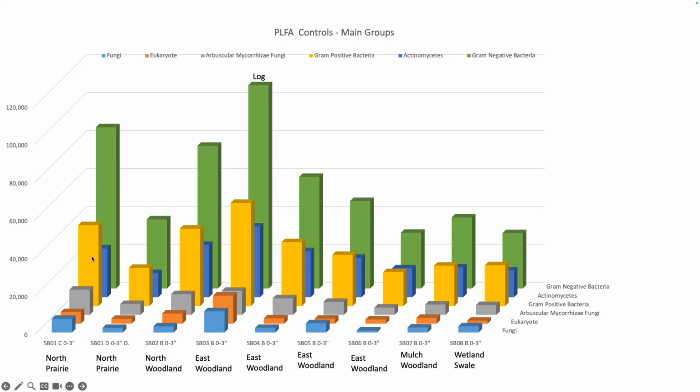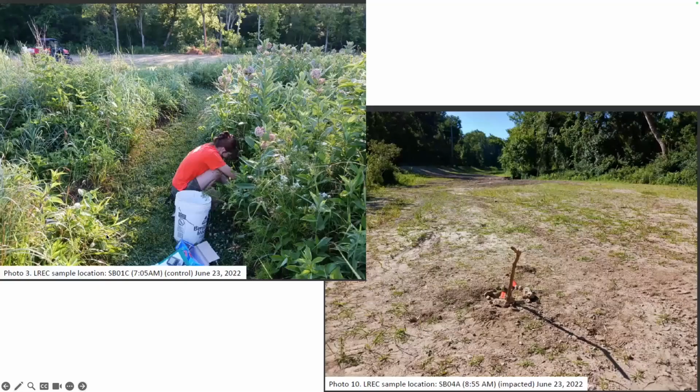I think one of them was, maybe I can go back here real quickly and show you. This sample, the high number on the North Prairie, was collected underneath a lot of shaded forbs where the soil was sort of moist and there was a lot of diversity, where the duplicate was collected over here somewhere in a sunny, dry soil with just sedges.